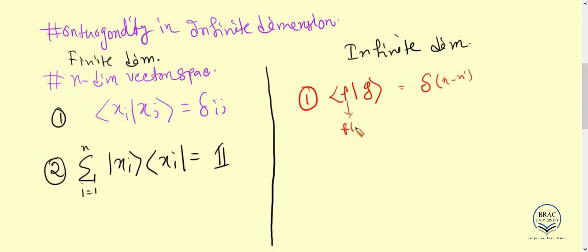Here f is similar to f of x, and g is similar to g of x prime, and this delta is actually a distribution, and sometimes we even call it a delta function, but that's not appropriate. We just call it a delta function, but this is a distribution.